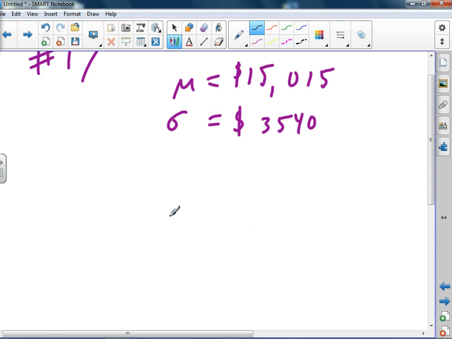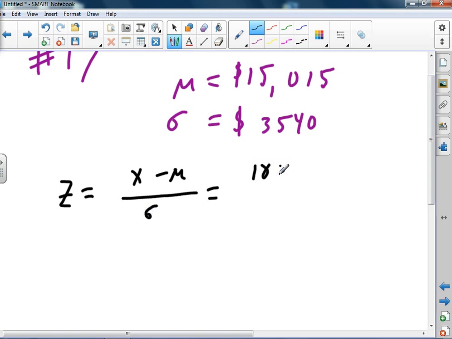Okay. So we know mu, we know the standard deviation, we know z. Z is the amount minus mu, divided by sigma.